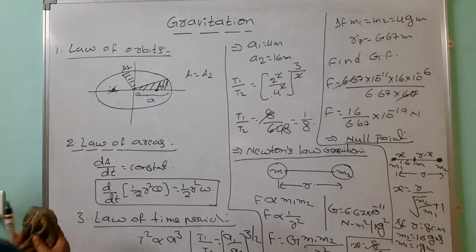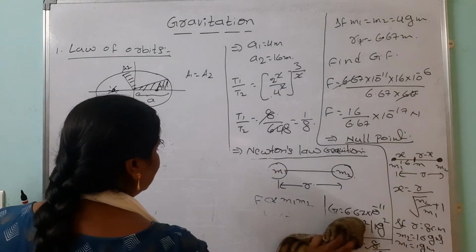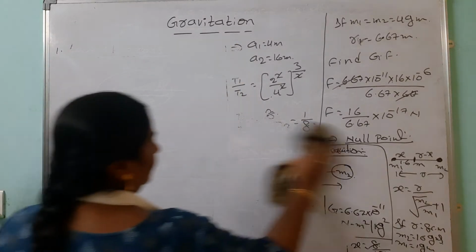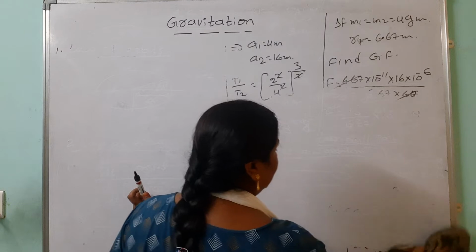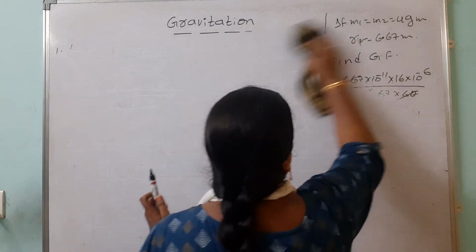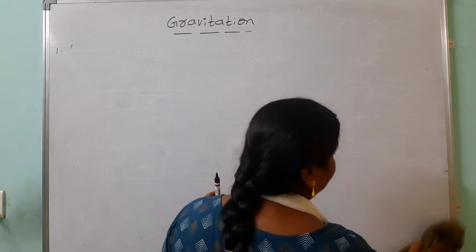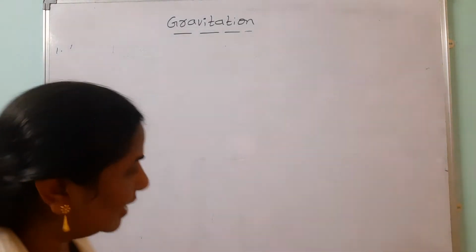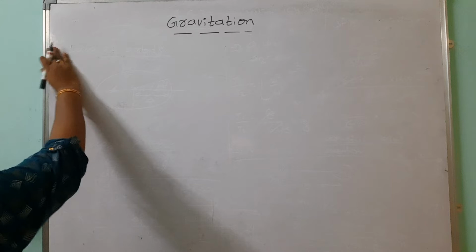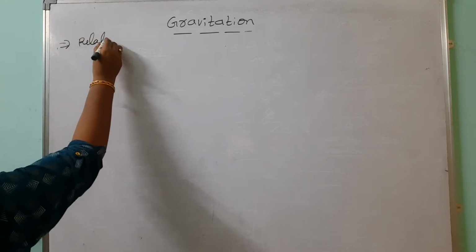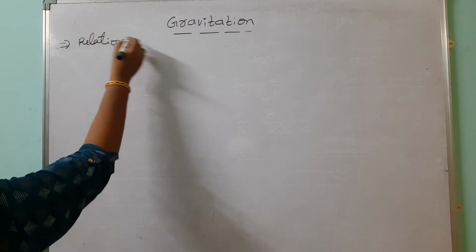Now we are going to discuss the relation between small g and capital G. See, you can say that capital G is the universal gravitational constant. It is constant only, this value never changes. But small g is changing. How it is changing we are discussing now itself.